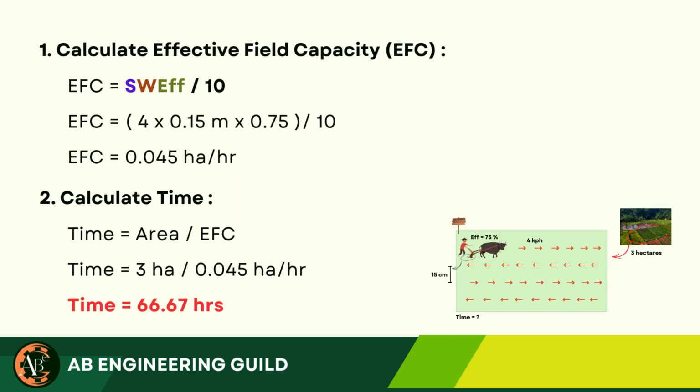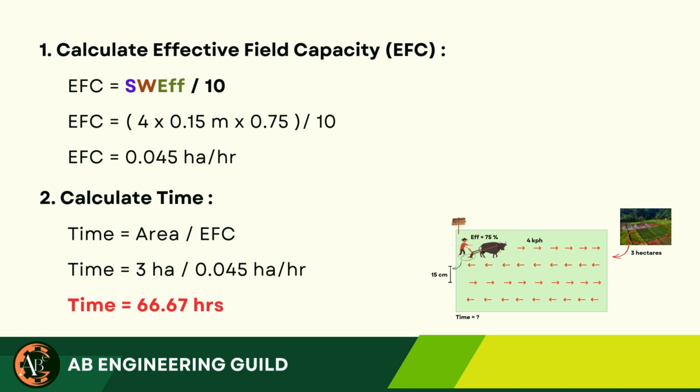Let's figure out how long it takes to plow a 3-hectare field using an animal-drawn plow. First, we calculate the effective field capacity, or EFC. This tells us how many hectares can be plowed per hour. The formula is EFC equals speed times width times field efficiency, divided by 10. Now let's plug in the values. The speed is 4 kilometers per hour.